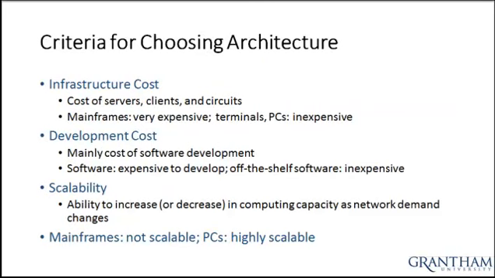In terms of what to consider as you decide on an architecture, of course, cost is a factor. The cost of servers, clients, and circuits. Mainframes tend to be very expensive, but terminals or personal computers are not as expensive.